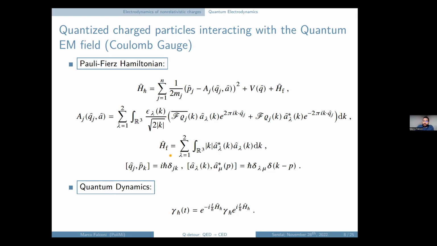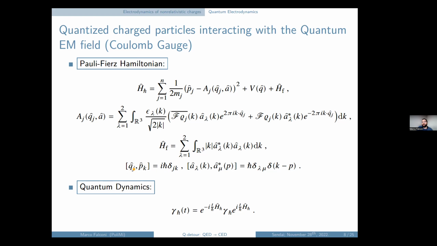The free Hamiltonian for the field is this combination of a star a with a dispersion relation that is a relativistic dispersion relation of a massless field, that is this modulus of k that appears here. In addition, we have a dependency of all these operators on this semi-classical parameter h bar. So this is a quantum world. We have h bar everywhere.